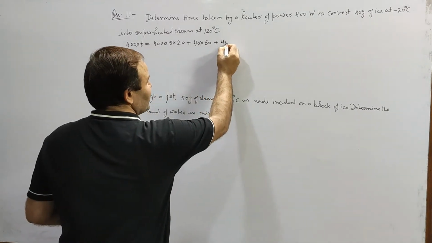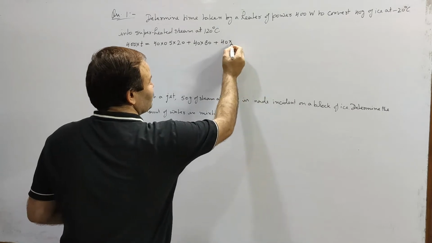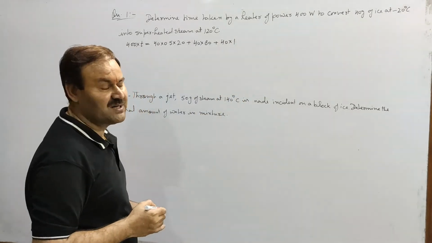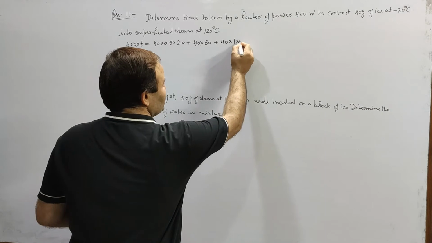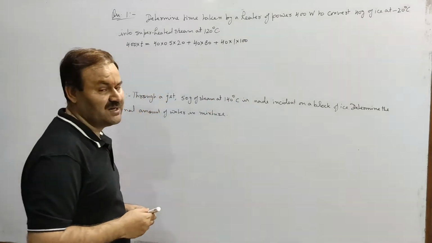So mass is 40 into specific heat capacity of water is 1 calorie per gram per degree Celsius, and change in temperature of water will be 100.